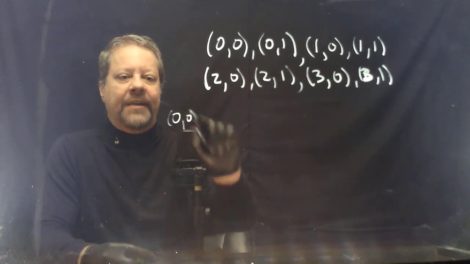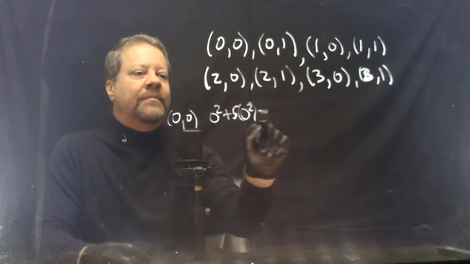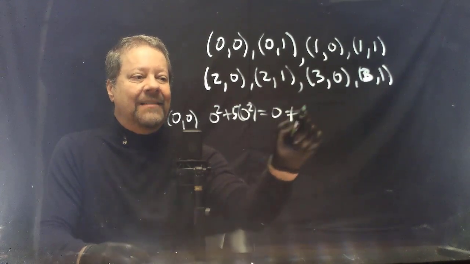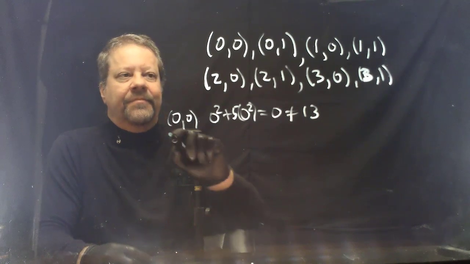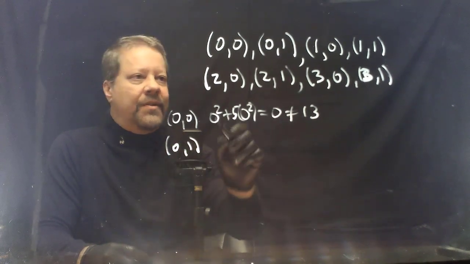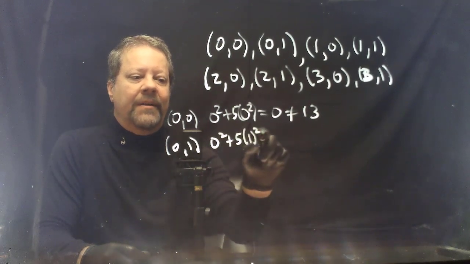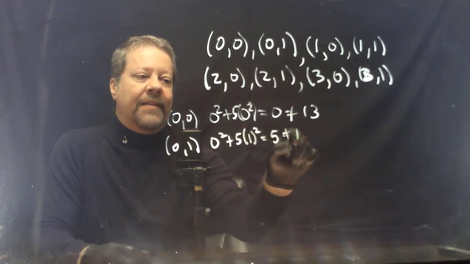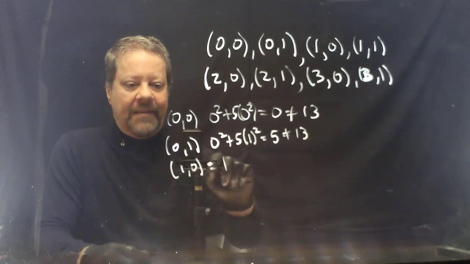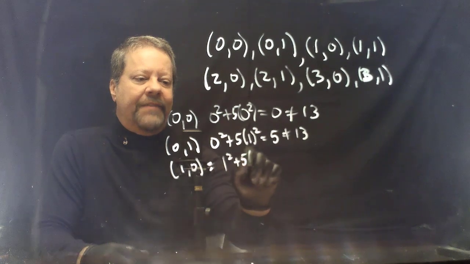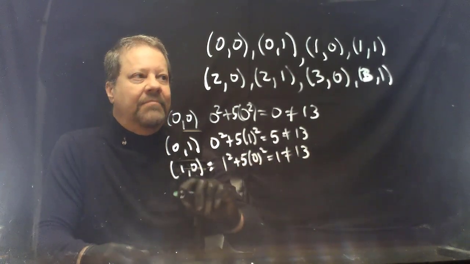The 0, 0 case. 0 squared plus 5 times 0 squared is 0, and that's not 13. So that is not a solution to this equation. 0, 1. 0 squared plus 5 times 1 squared is 5, and that's not 13. 1, 0, that gives us 1 squared plus 5 times 0 squared, which is 1, and that's not 13.